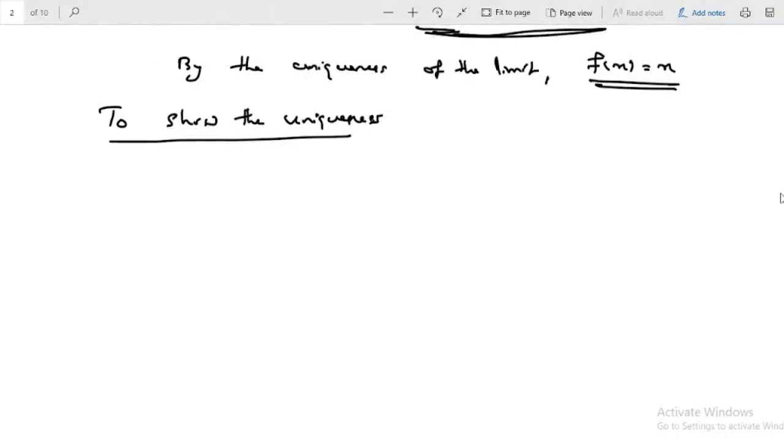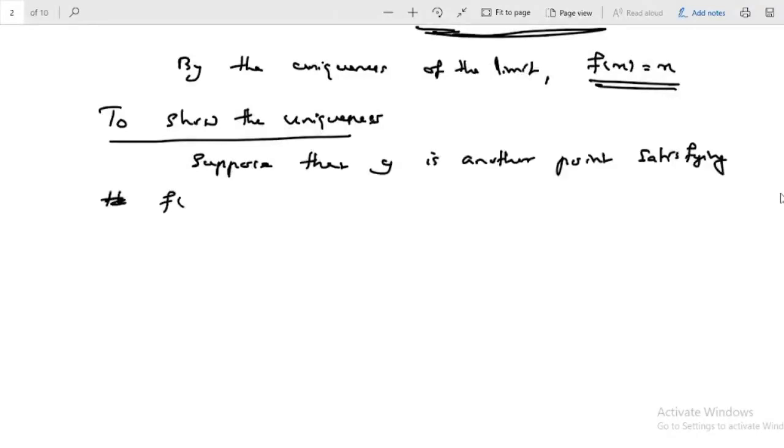suppose y is another point satisfying the property. Then f of y is equal to y. Then what about x and y? Are they equal? Then d of x,y is equal to, since x is f of x and y is f of y, d of x,y is equal to d of f of x, f of y.